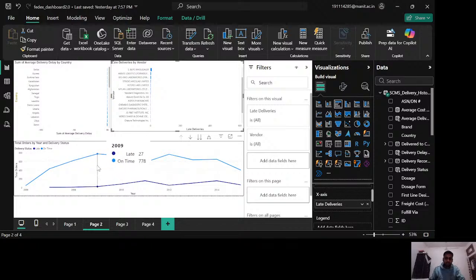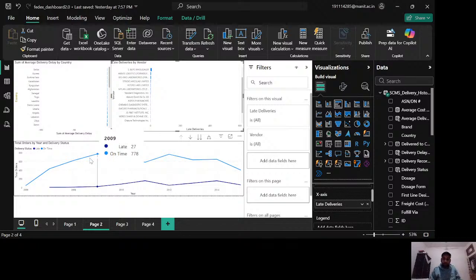Our next year is 2009. In this year, we have rapid growth in our total orders, that are 795, and the total orders delivered on time are 778, and 27 are not delivered on time.